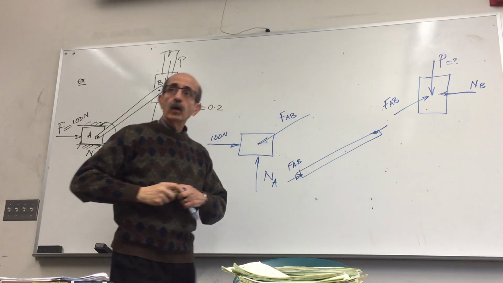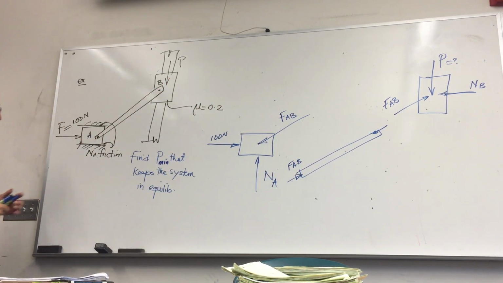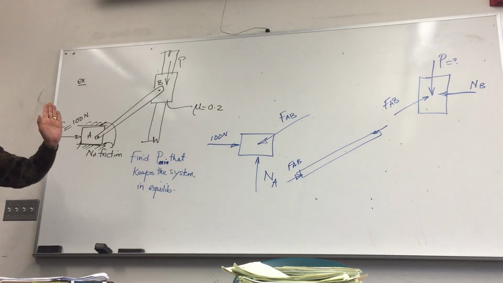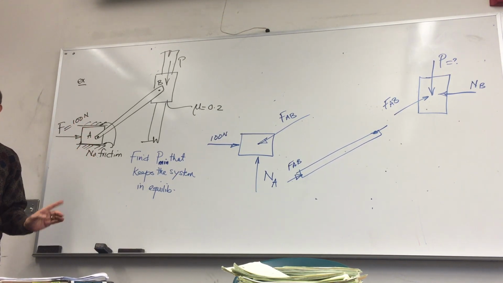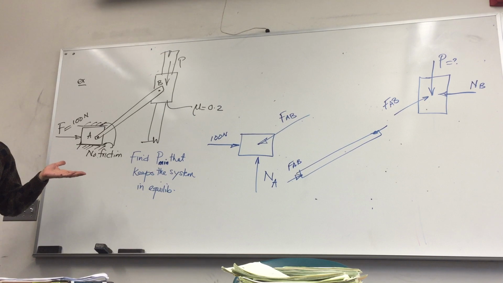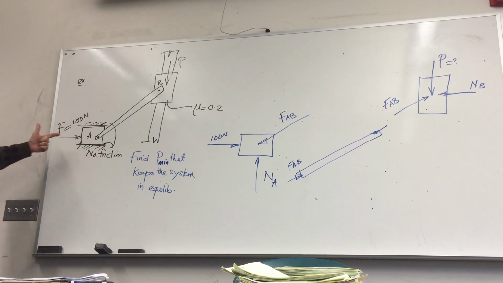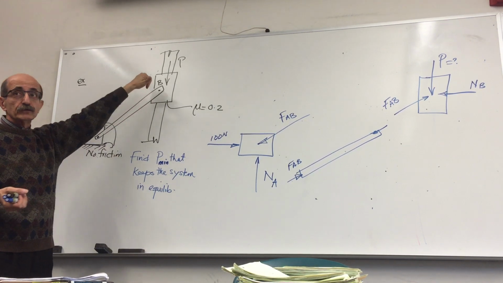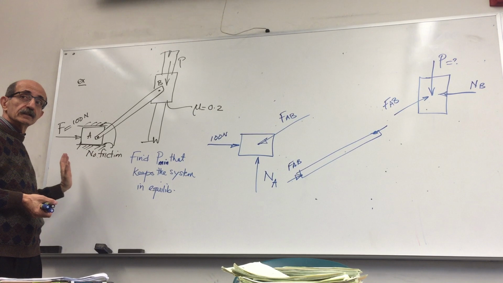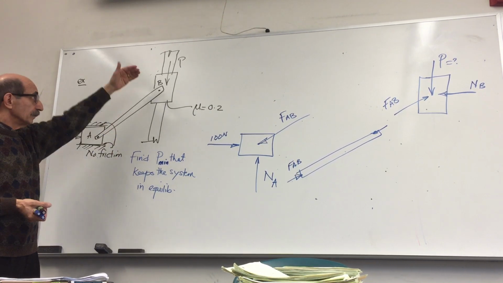Now, what would be the direction of the friction force that will be generated there? Up or down? It depends. We don't know. It may be up, it may be down, depending on whether this force is enough to push this up, so the friction force would be down. If it is not enough, it would be coming down.